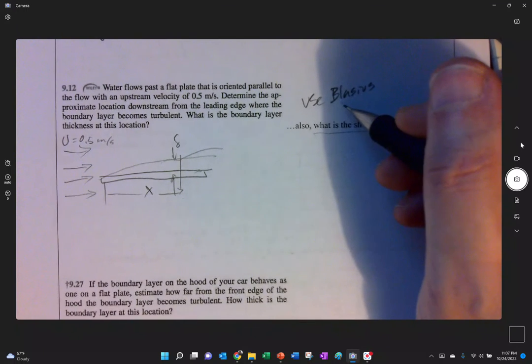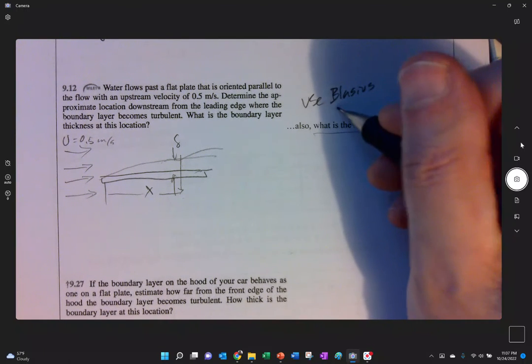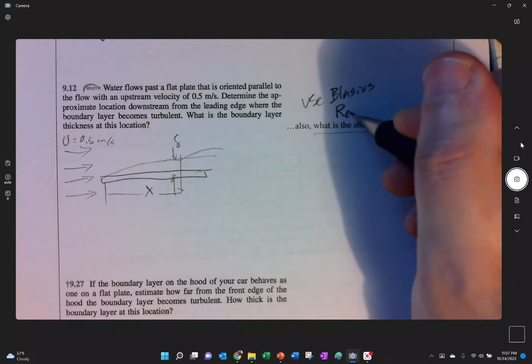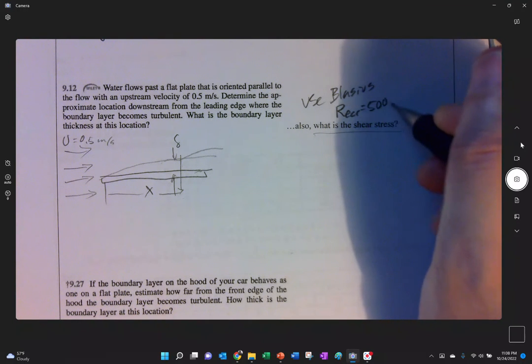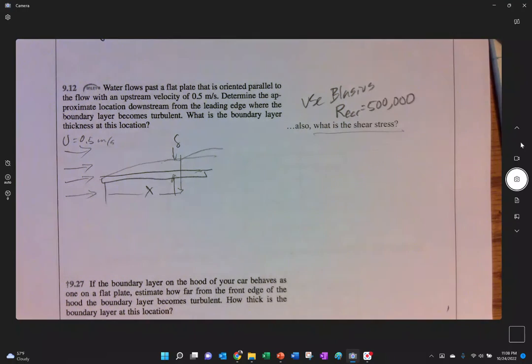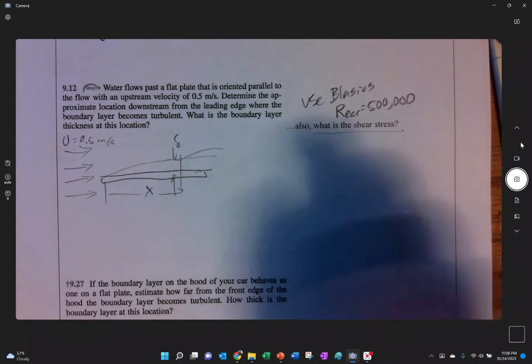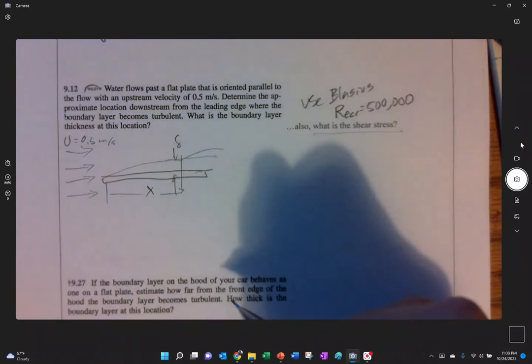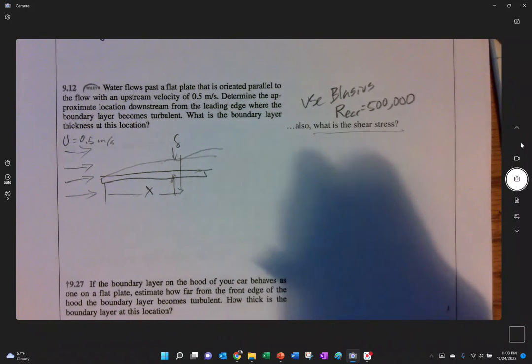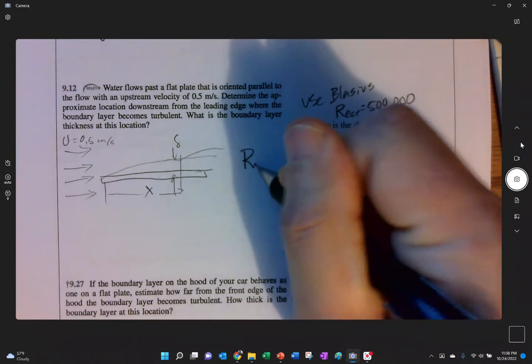We're going to say the critical Reynolds number is the 500,000 mark for laminar to turbulent. Previously we said it was a range, but we're going to settle on 500,000.